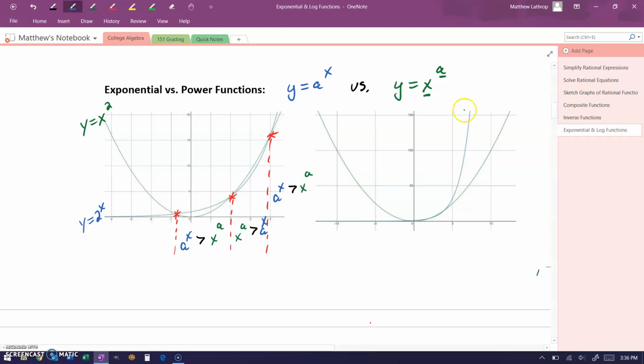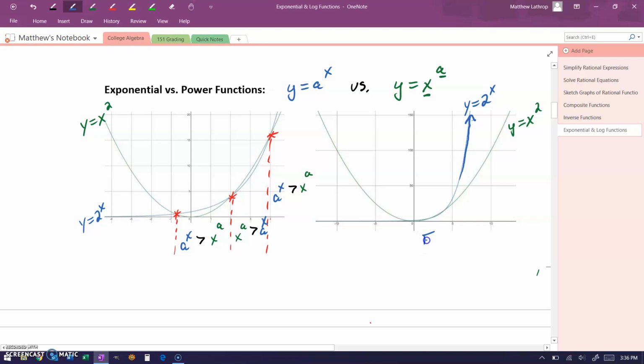If we look at the graph on the right, we can see that in even better perspective. Here we have y equals 2 to the x power again, and y equals x squared, just graphed on a different viewing window. What we can see is that this exponential function is increasing dramatically faster than that power function.